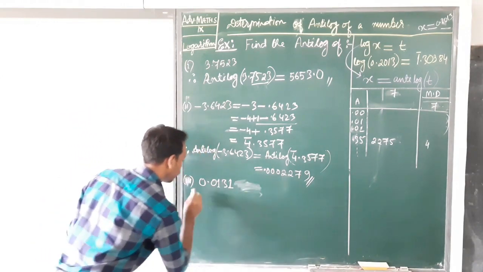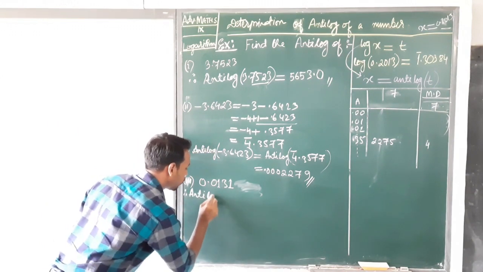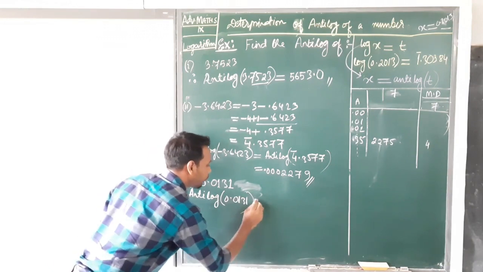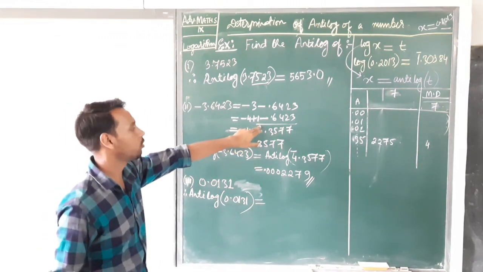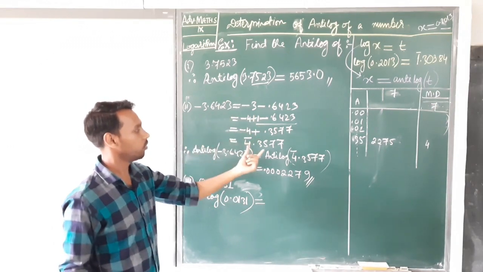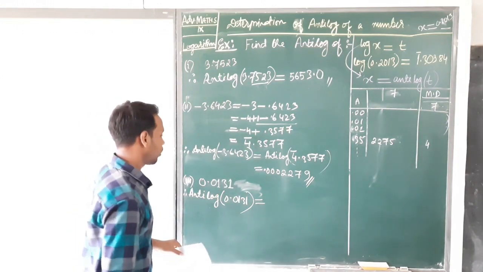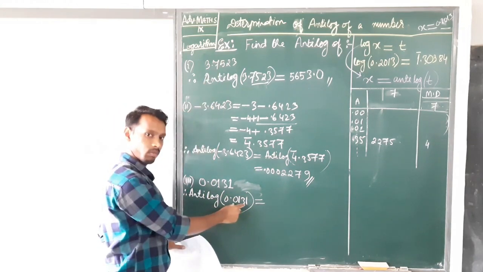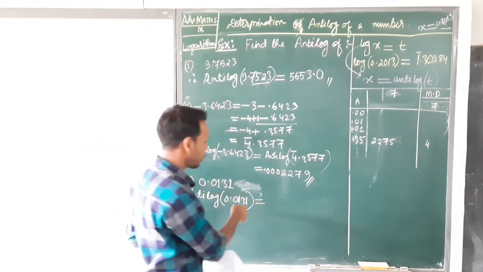Therefore, antilog of 0.013. Here we need not do any simplification because it is a positive number. When we have a negative number, then we need simplification; when we have a positive number, no need. Like this, we'll consider these digits and ignore the integral part.